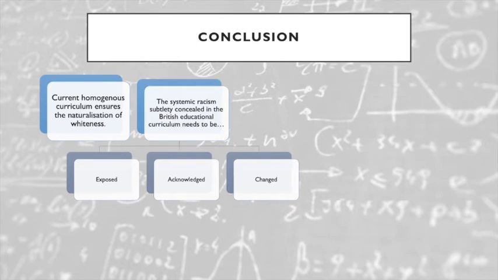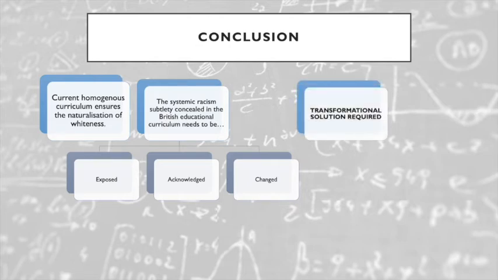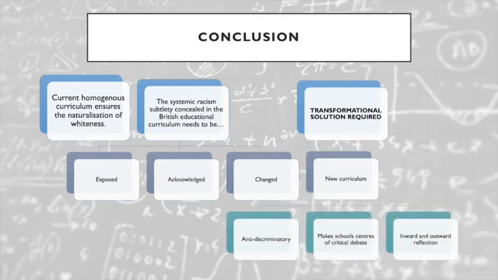However, merely tinkering with the curriculum by making it more relevant is not enough, as the fundamental structure, scale, and purpose of the curriculum will remain unchanged. A transformational solution is needed, with a new curriculum that is anti-discriminatory, which makes schools centres of critical debate and encourages inward and outward reflection.